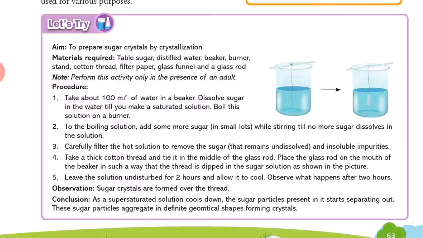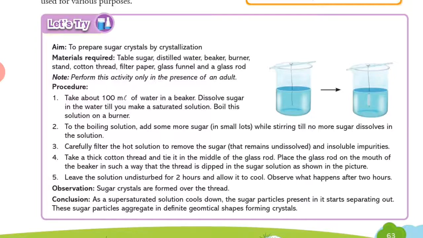Take out 100 ml of water in a beaker. Dissolve sugar in the water till it makes a saturated solution. Boil this solution on a burner. To the boiling solution, add some sugar in small lots while stirring till no more sugar dissolves in the solution.